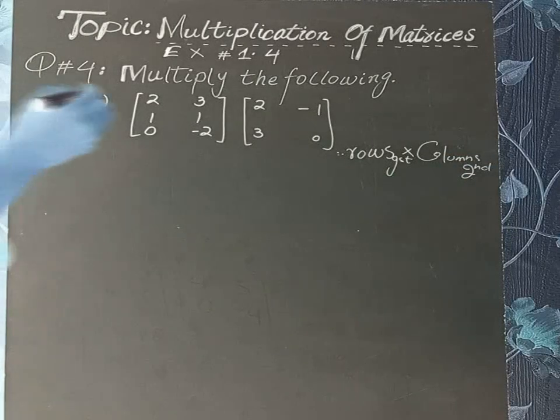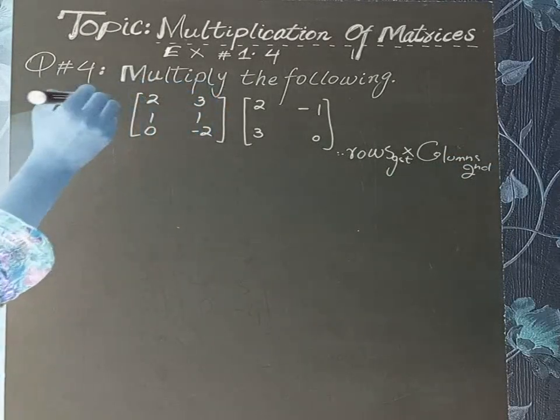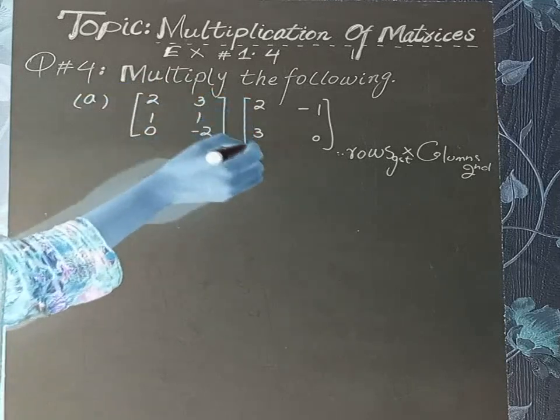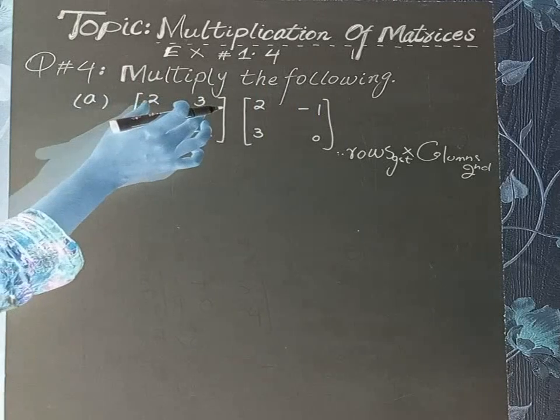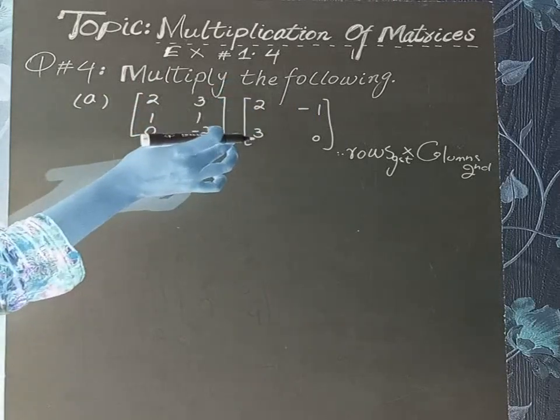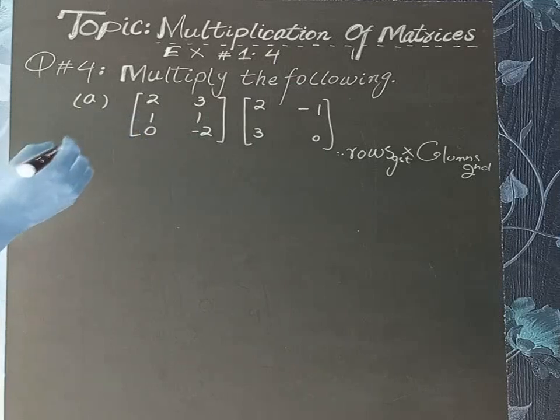The row of the first matrix is 2, 3. The column of the second is 2, 3 and then minus 1, 0. First we'll multiply the same row by the first column, then by the second column.